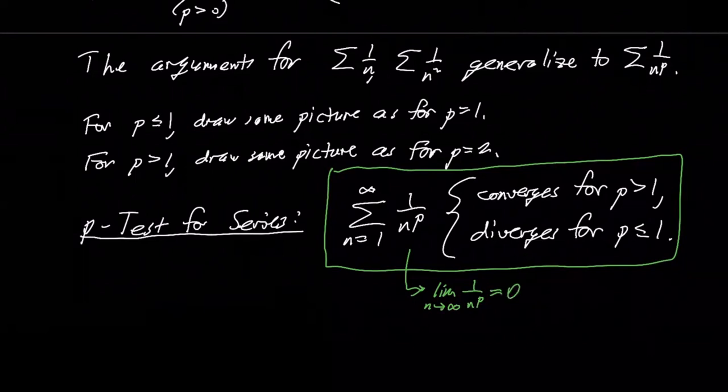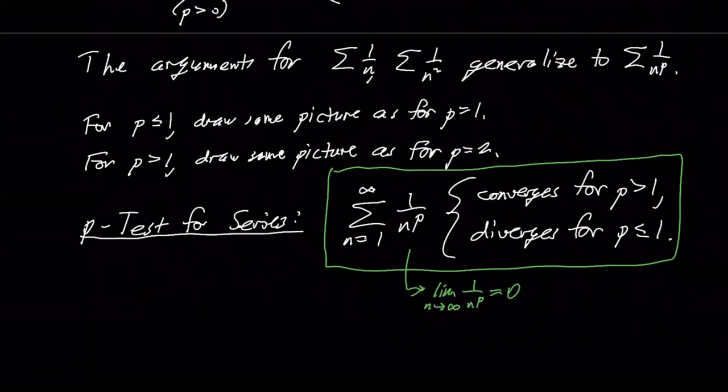That was my point at the end of the harmonic series video: knowing the terms go to 0 is not enough to show that a series converges. If the terms don't go to 0, the test for divergence says that the series must diverge, but the terms going to 0 is not enough to say that the series must converge.